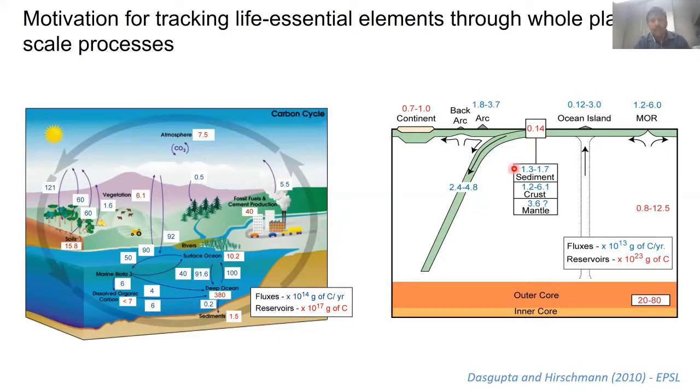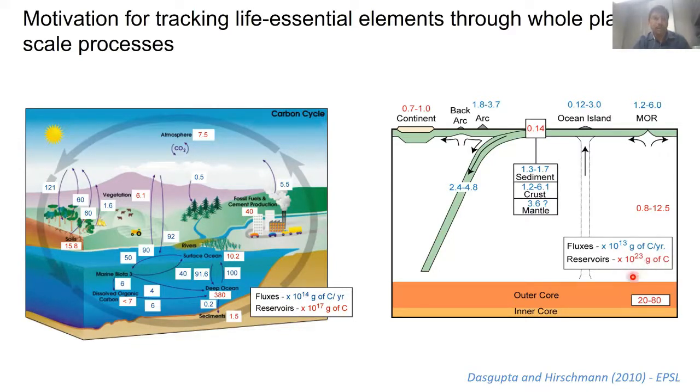On the other hand, if you look at the best estimates that are out there, there are a few studies like this one that try to estimate the carbon budget and the fluxes between different reservoirs, not just the near surface reservoirs, but also the mantle and the crust and so on. You will get fluxes of a similar order, 10^13 to 10^14 grams of carbon per year, but the reservoir sizes that we are now talking about are much larger.